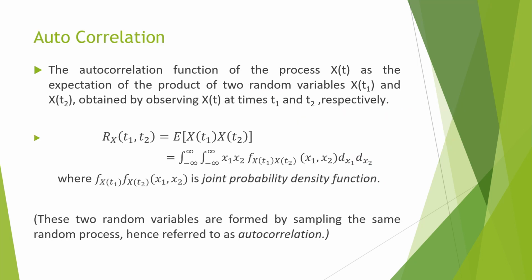Now another important term associated with random processes is the autocorrelation function. To understand the autocorrelation of a random process, we first consider the correlation between two random variables. Suppose I want to see the correlation between random variables X and Y, then it is denoted as E[XY].